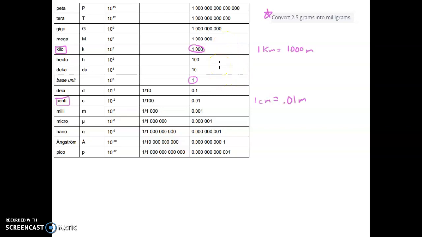The other way of looking at this is in the 2 columns to the left here, this column right here, and you'll see that I have 10 to some power. So in the case of kilometers, I have 10 to the power of 3. And what that's saying is, 1 kilometer is equal to 10 to the power of 3 meters.